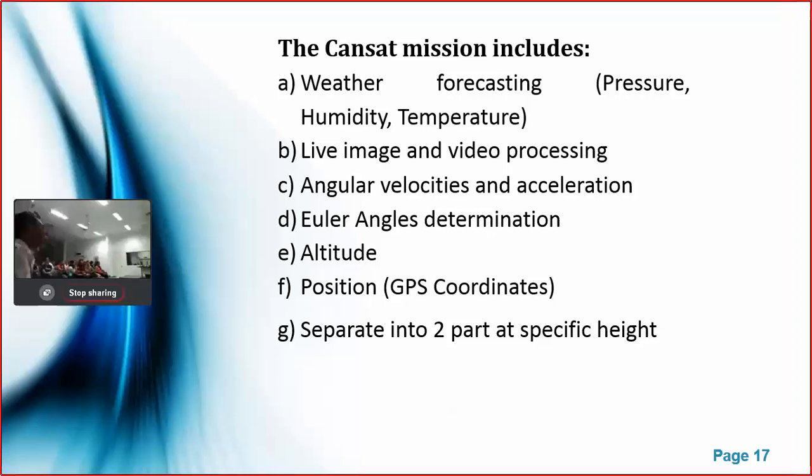As we know, the angular velocity is the first derivative of the Euler angle, and the angular acceleration is the second derivative of the Euler angle. So we can use this relation in determining the values of the Euler angles as a function of the time delta t with integration.